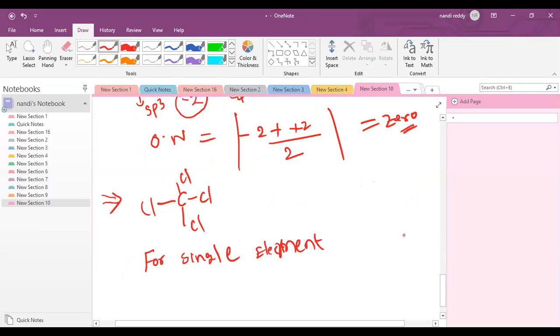For single element compounds, oxidation state equals oxidation number. Here, which is more electronegative? Carbon is less electronegative. These are -1. If all these are -1, this carbon should be +4. So in this case, oxidation state and oxidation number are both +4 only.